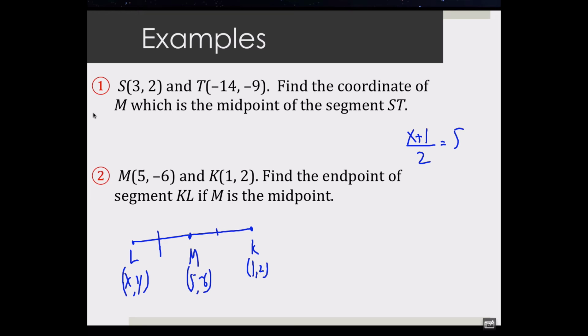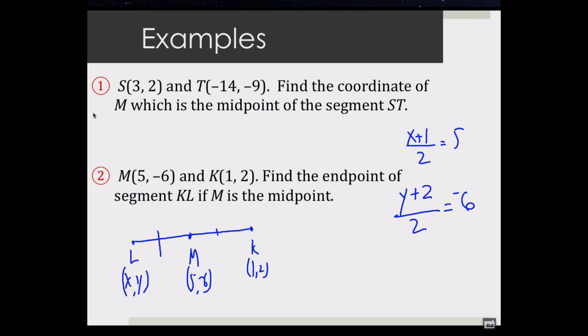Everybody see that? x1 plus x2 divided by 2 equals the midpoint x. The other one would be y1 plus y2 divided by 2 has to equal negative 6. Solve the 2 equations and go.